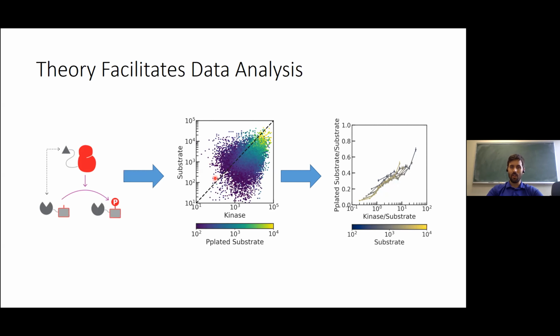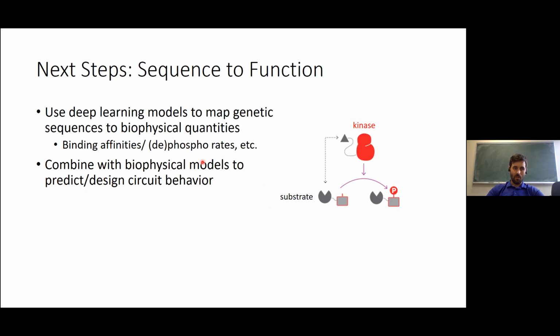All right, this is a lot of speculation, but one of the next steps you could imagine doing is using deep learning models to hone in on specific parts of these experiments. For example, if you wanted to make predictions about what specific sequences of, say, kinase will result in specific binding affinities between the kinase and the substrate.